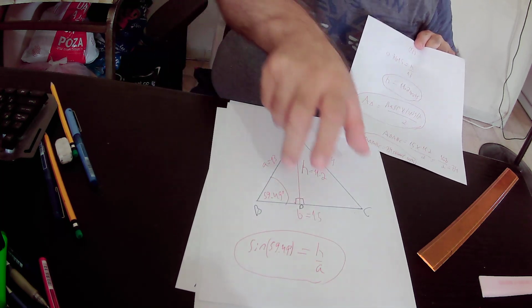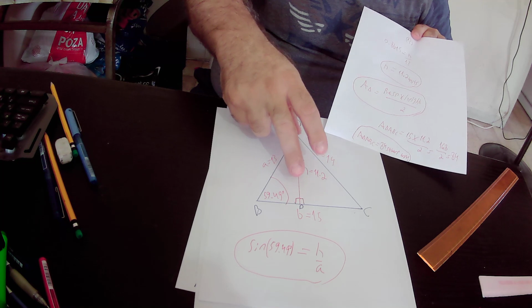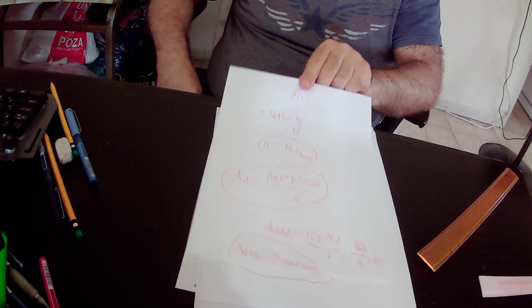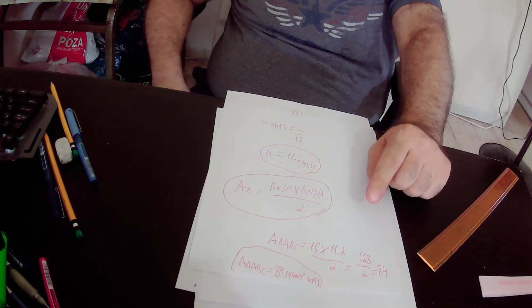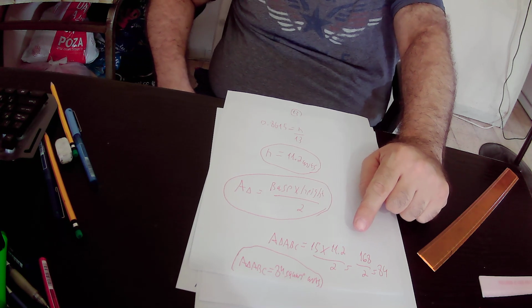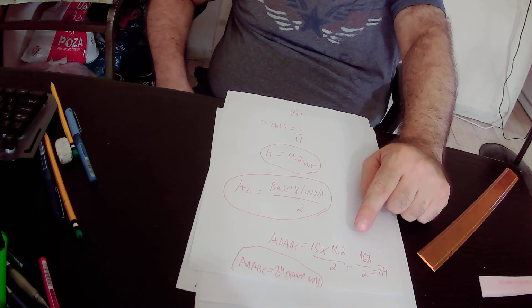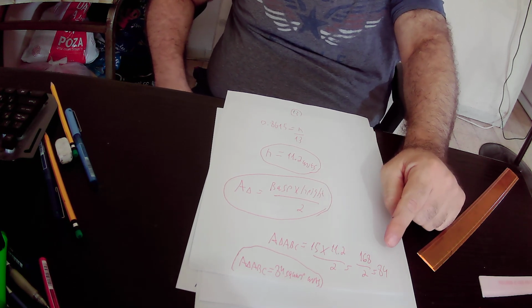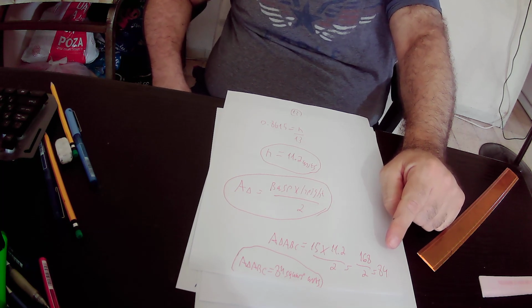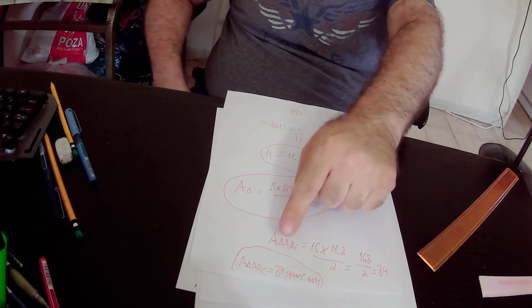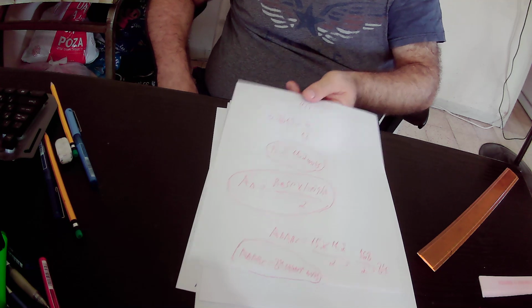So the base equals 15 units, the height equals 11.2 units. So the area of triangle ABC equals the base, that is 15, times the height to the base, that is 11.2, over 2. So the area of triangle ABC, according to the second method, is 84 square units.